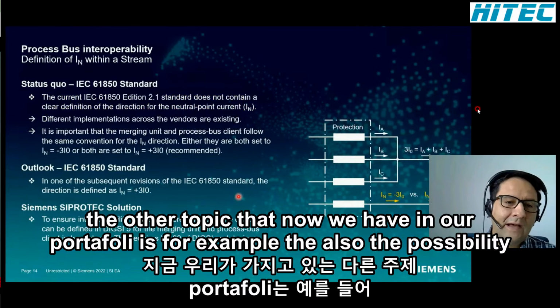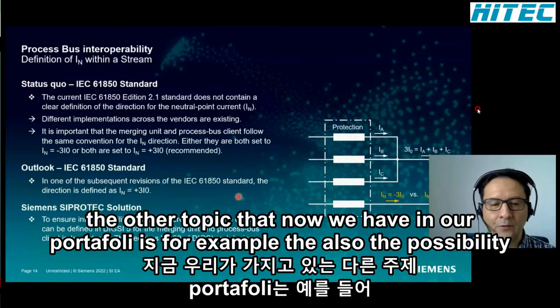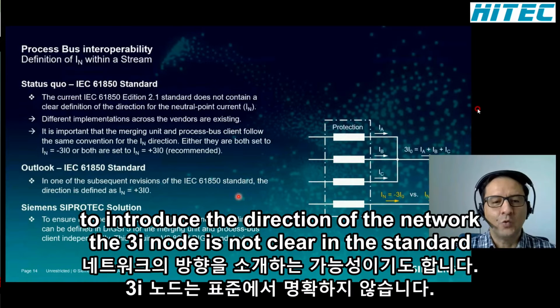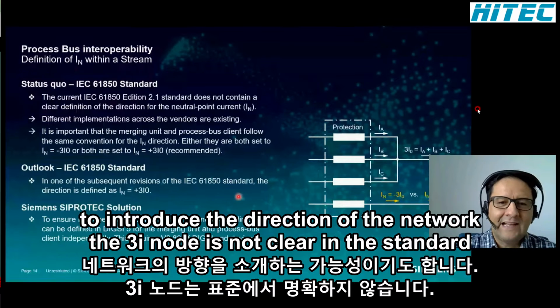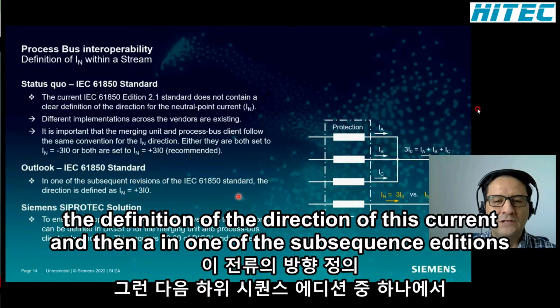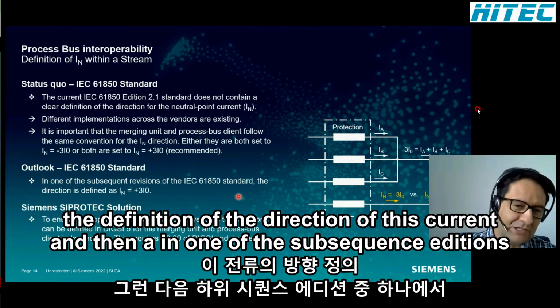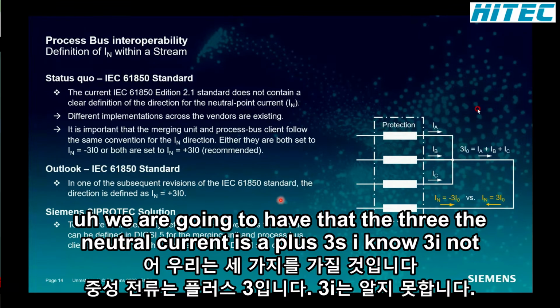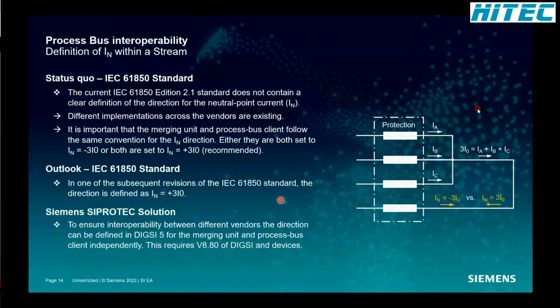The other topic that we now have in our portfolio is the possibility to introduce the direction of the neutral current, the 3I node. It's not clear in the standard the definition of the direction of this current, and in one of the subsequent editions, we are going to have that the neutral current is plus 3I node.